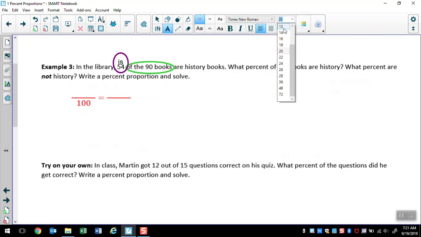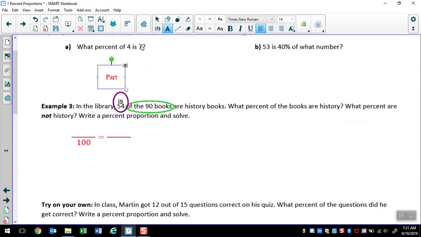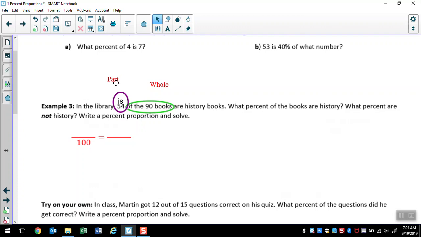So I might even write that in. We could say this is our part, and we could say this is our whole. We had a total of 90 books. 54 of them were history books.